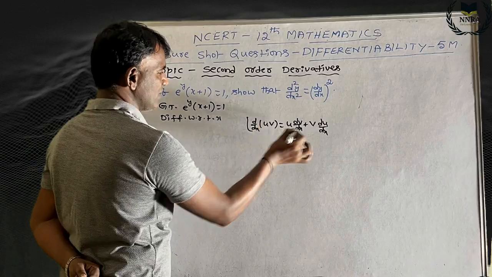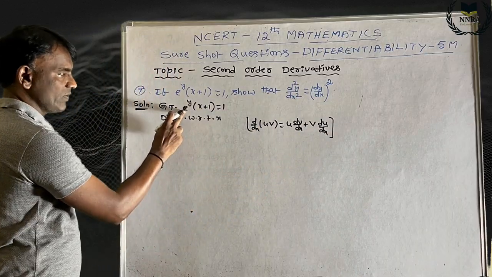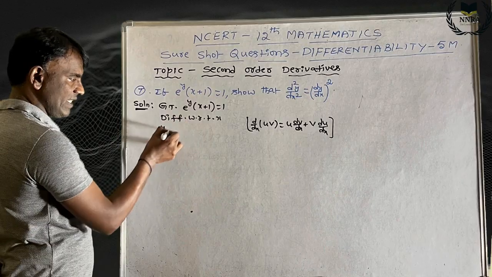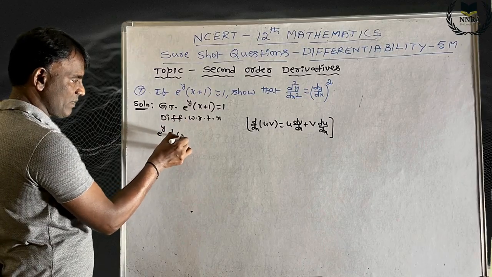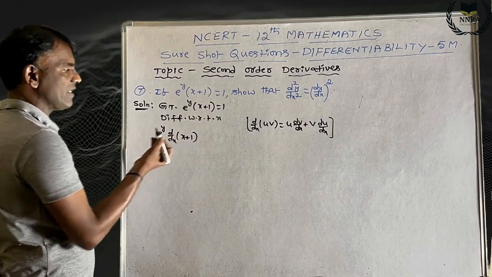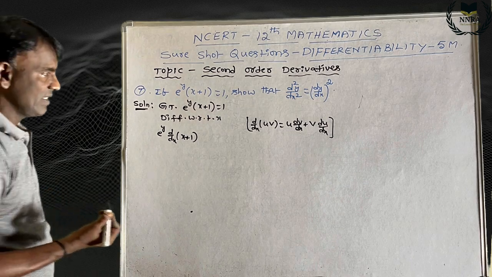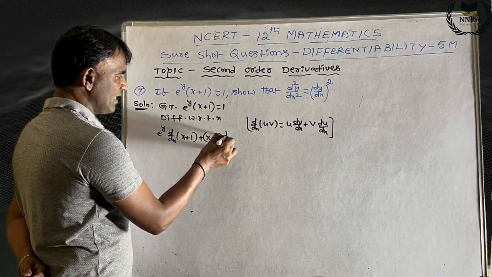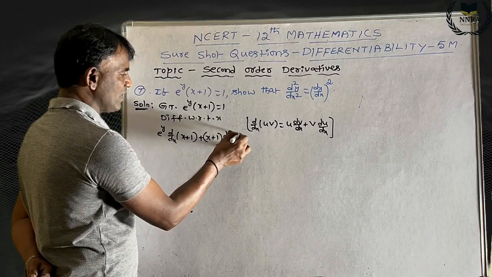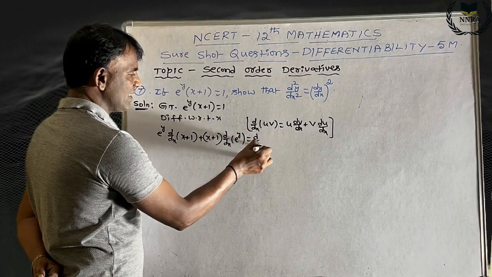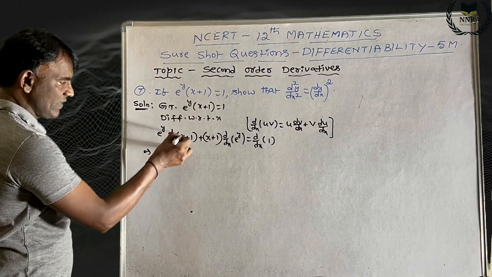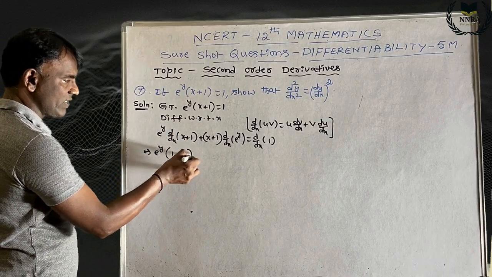Now we apply this formula. Now this is u, this is v. So u into d by dx of x plus 1. Actually it is not required, but I am writing one step extra here. Plus v. V means x plus 1. And d by dx of e power y. Right hand side d by dx of 1. Now e power y into derivative of x is 1, derivative of 1 is 0.